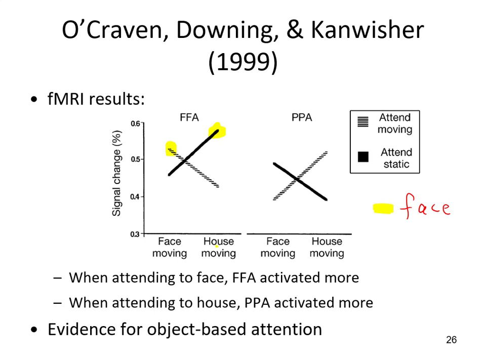Again, if the face is moving and we are attending to the moving object, that means we are attending to the face. And if the house is moving, but we attend to the non-moving, static object, then the static one is the face. Do you follow this?